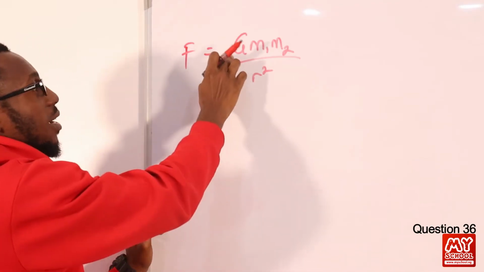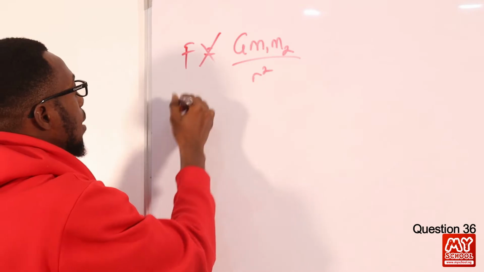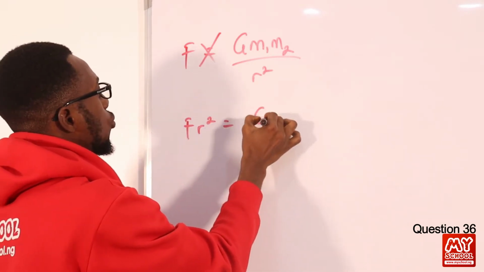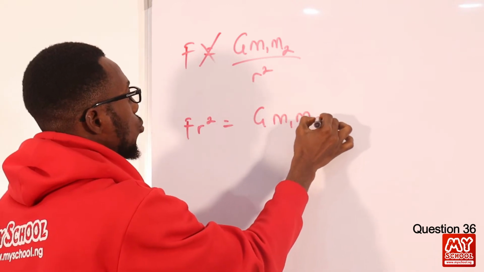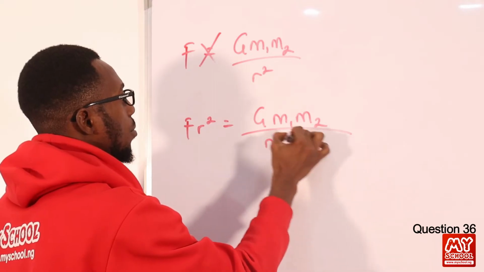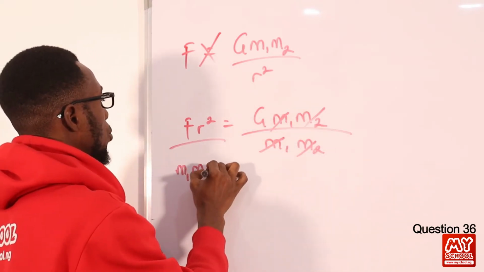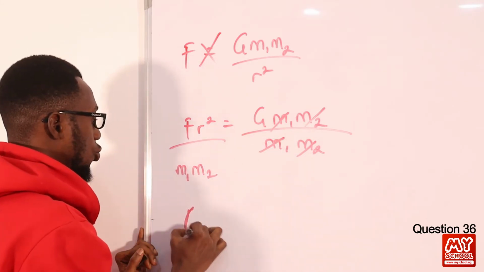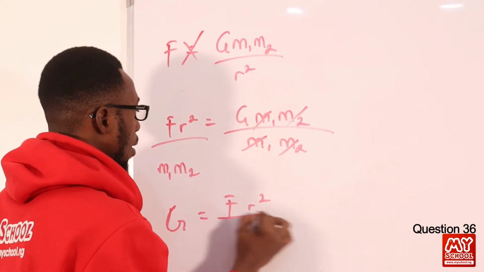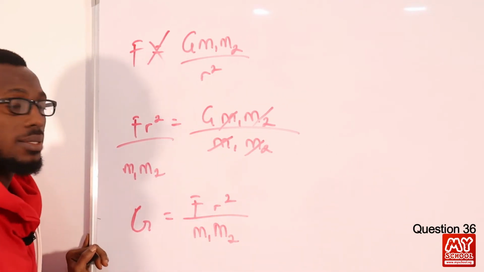This is the constant we are asked to find the dimension of. So F r squared equals G m1 m2. Dividing both sides by m1 m2, G equals F r squared over m1 m2.